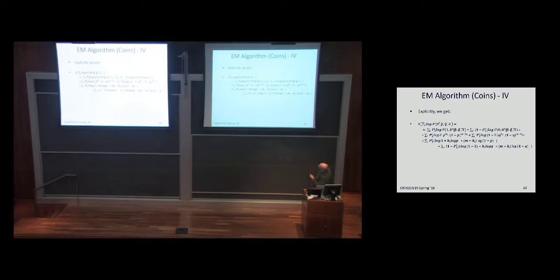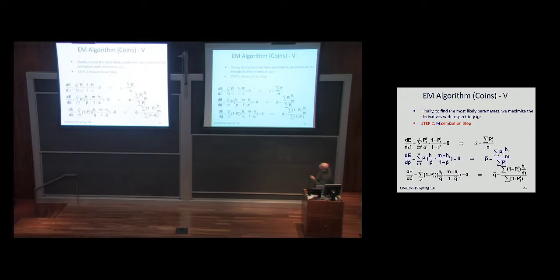This disappears, you get this, and you get this, right? These 2 parts, which means you get P1i over alpha minus 1 minus P1i over 1 minus alpha, sum over all examples, and you want this to be 0. If you do the algebra, which is very easy here, you get this.